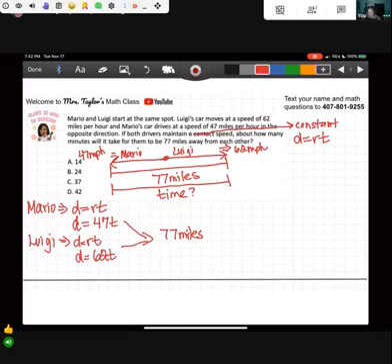So to set this problem up, we do it like this. We still use distance equals rate times time, but in this case, we're going to say 77 miles is equal to their rate that is combined. So we'll say 47t plus 62t. Since it's already a times time with both of them, we don't have to say times t because it's already there. So now we just add it together.